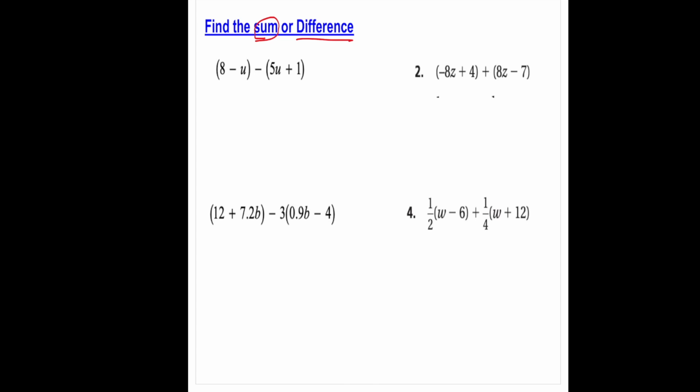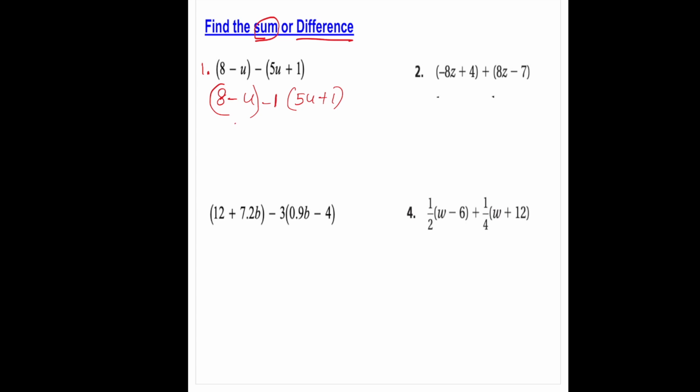So let's find the sum or difference of the following expressions. So the first expression is a subtraction problem where you have 8 minus u minus, there is no number outside, so let me just take 1 times 5u plus 1.